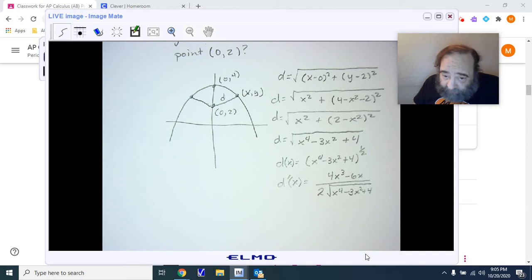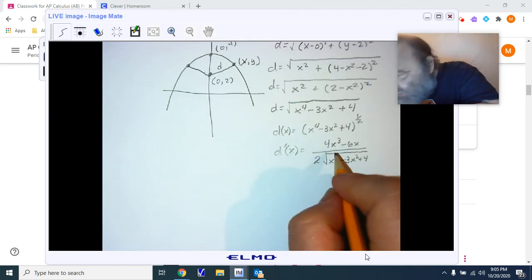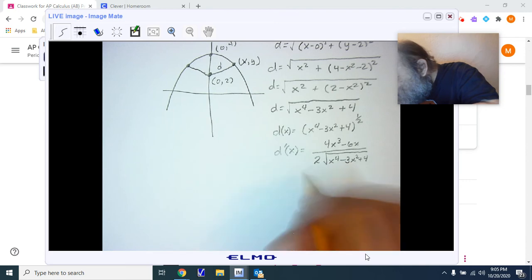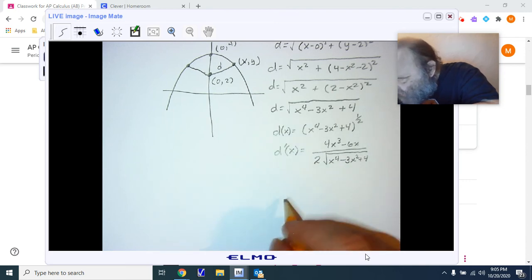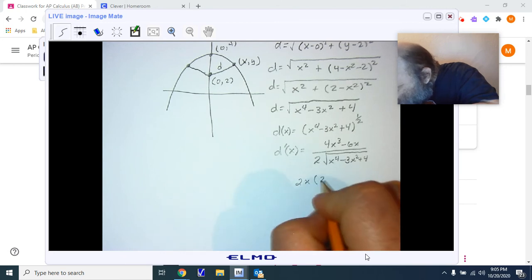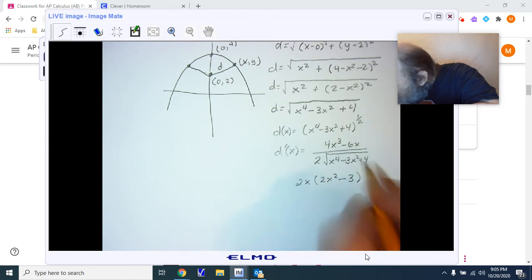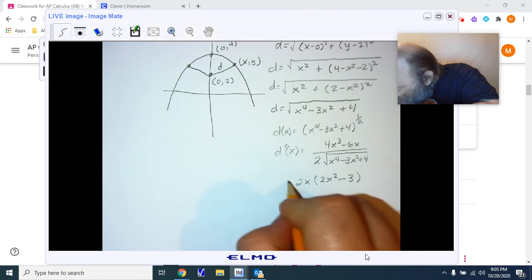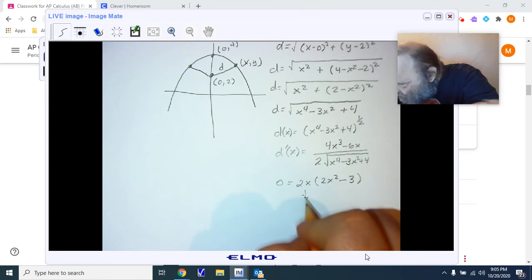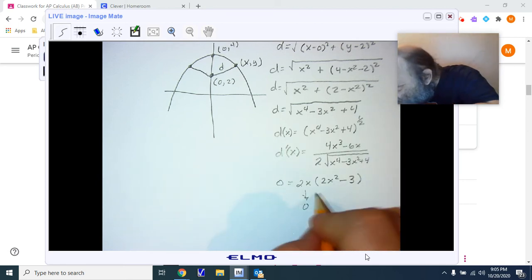Now, when we're trying to find our critical values, we're only using the numerator to find our zeros. Remember, we can find the critical values when the derivative is undefined, but let's keep it simple, please. And you'll notice I now have 0. There's 1. But this also factors. We've seen that. So let's just take a moment and factor this.